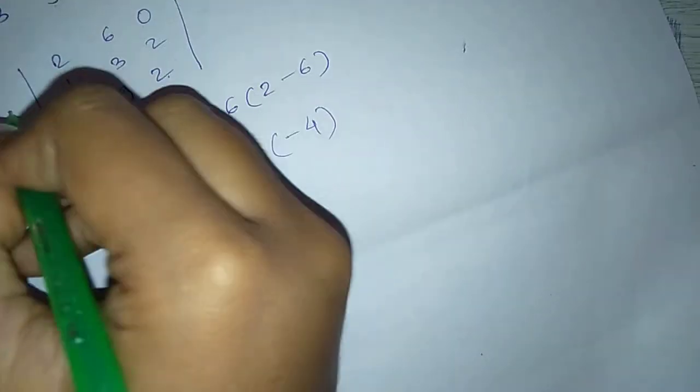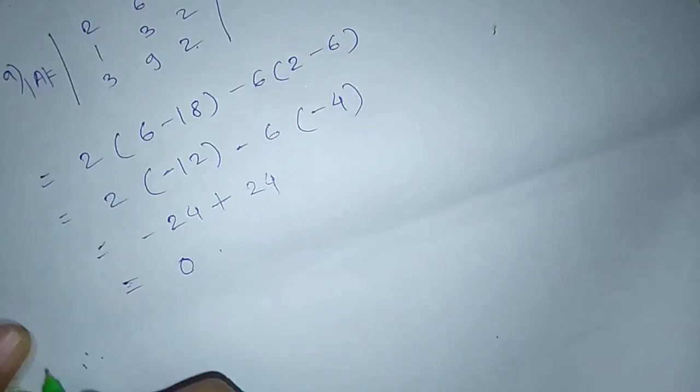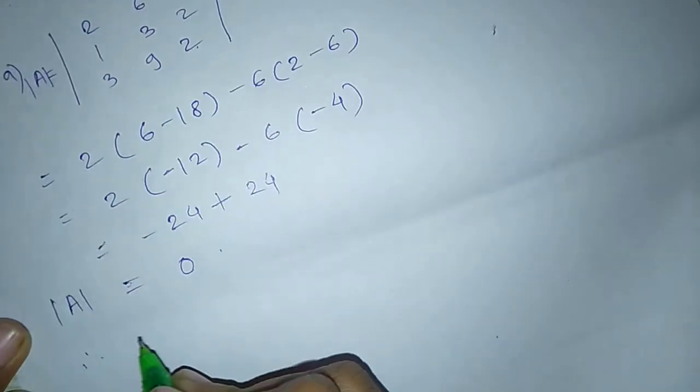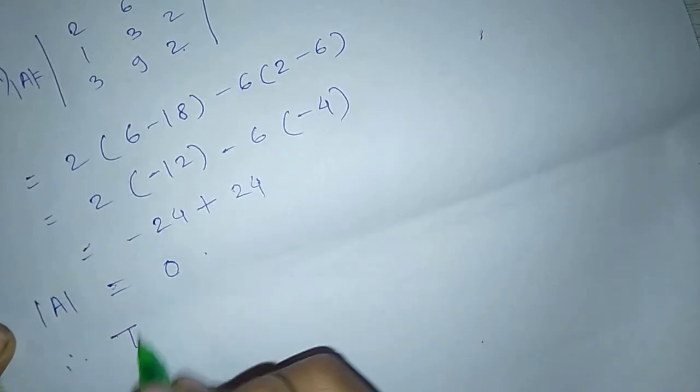Here suppose A, determinant of A equal to determinant of this, so determinant of A equal to 0. Therefore, the given matrix is not invertible.